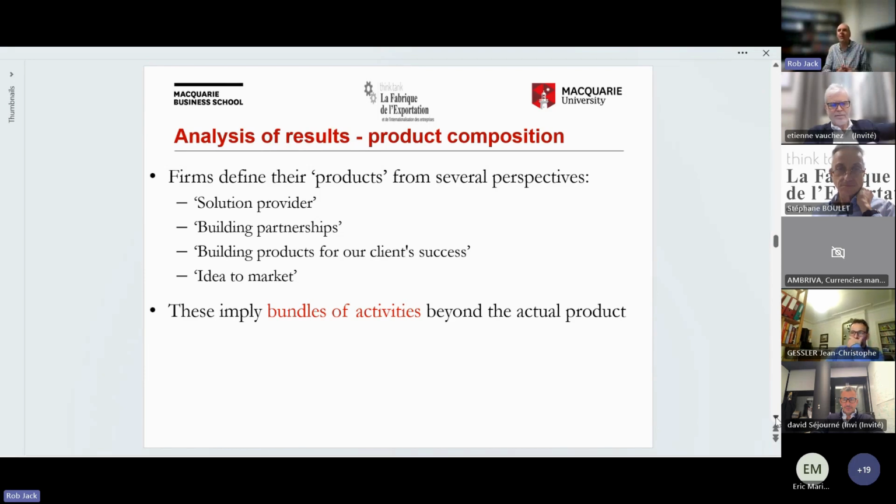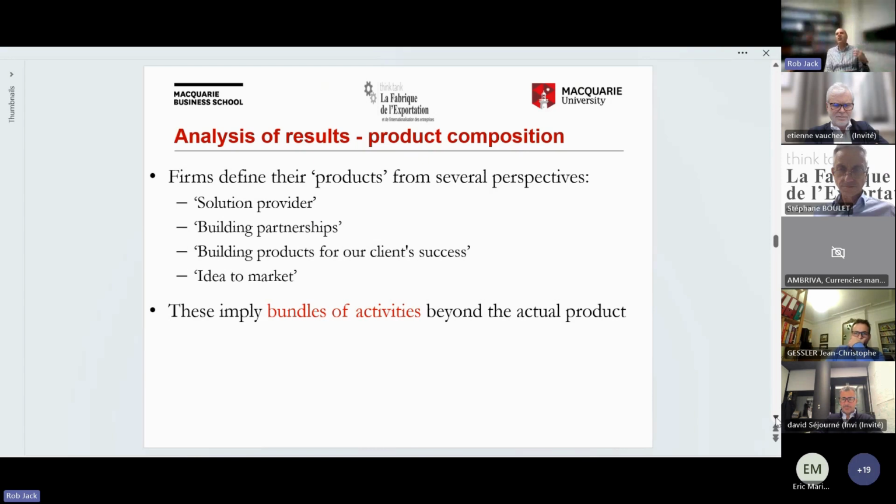Now, this is what came up when we were asking the key managerial staff about the definition of their products. And not surprisingly, they didn't define it from a singular perspective. They didn't say, oh, we're a service provider. They didn't say we're a manufacturer. These are the terms that they were using. We're a solution provider. We develop an idea to market. We build products for our client success. We're about building partnerships.